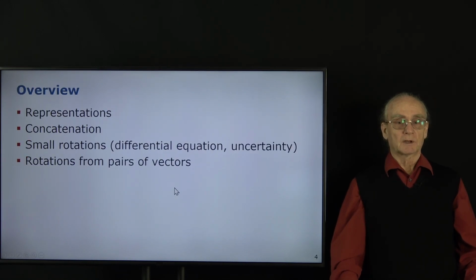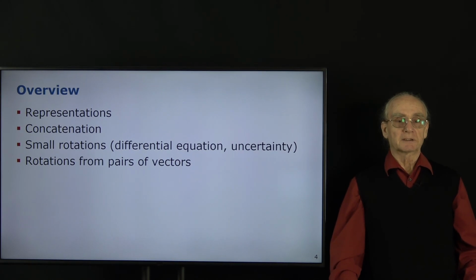So what I want to do in the next few lectures is talk about representations, then how to concatenate rotations based on their parameters. Then we will talk about small rotations, especially we have a look at the differential equation for a motion of a point.